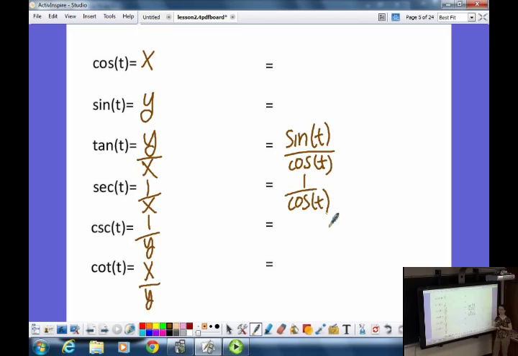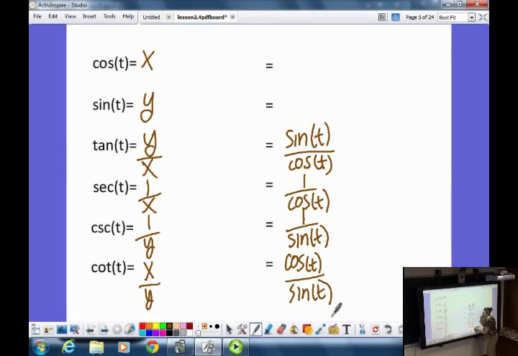What about cosecant of t? 1 over sine of t. And then what about cotangent of t? Cosine of t over sine of t.